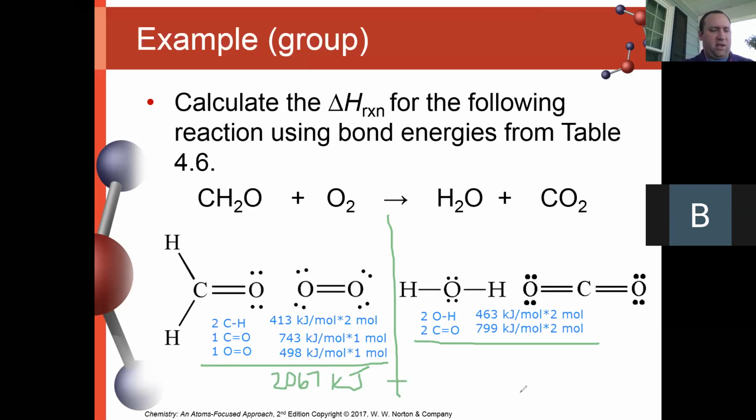And on the product side, you should get 2,524 kilojoules, which means that delta H of the reaction, which is the difference of those two, is going to be negative 457 kilojoules.